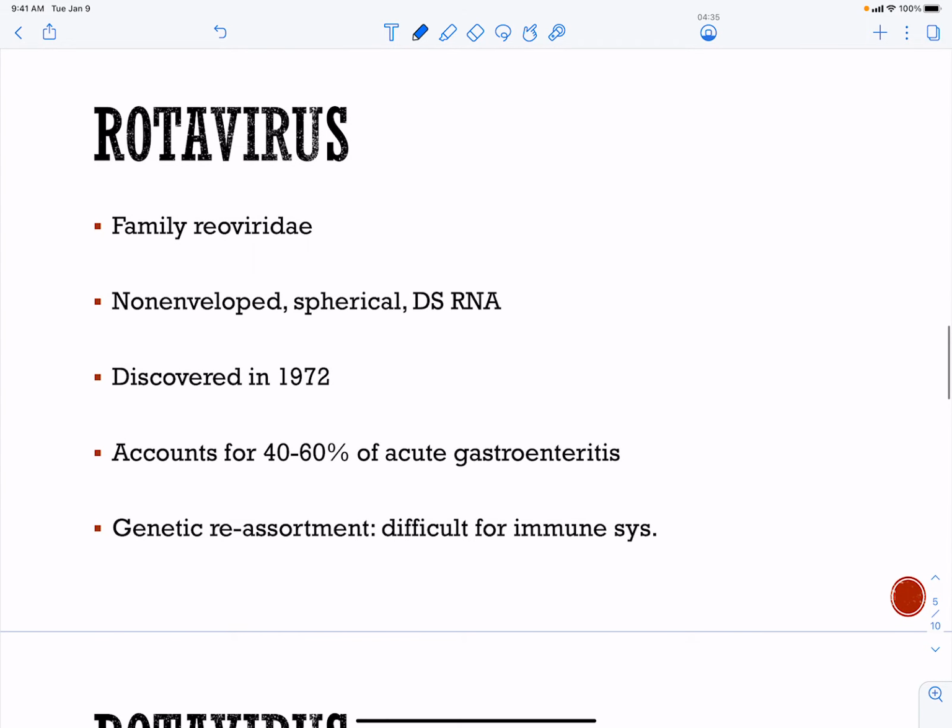And so rotavirus is part of the family Reoviridae. Rotavirus is a double-stranded RNA virus, so that is a little bit unique. It is non-enveloped, so it can get through your stomach acid. There are going to be 4 serotypes.